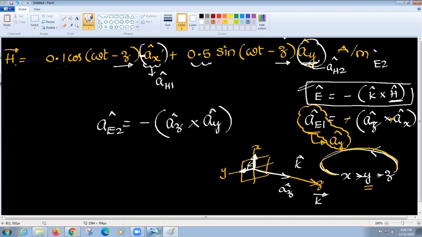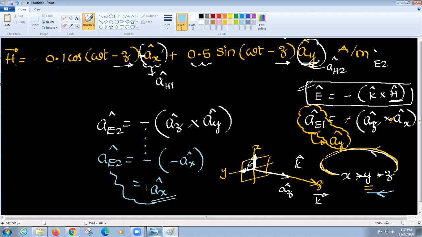You have AZ cross AY, so Z to Y, but you have Y to Z, not Z to Y. So if I come Z to Y, this must be equal to negative AX. So I can say AE2 is equal to, I have this negative sign here, and AZ cross AY is negative AX. So this is equal to positive AX. So AE2 is equal to positive AX.